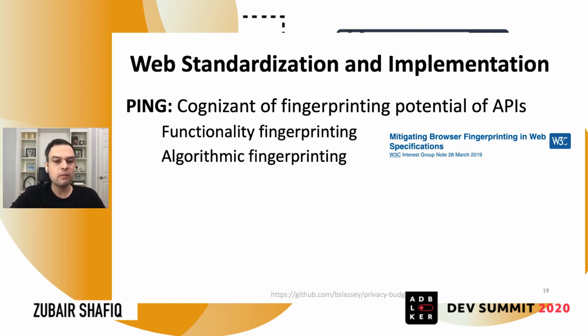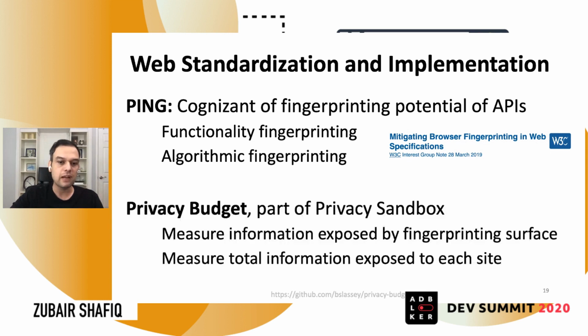And finally, I also want to very briefly talk a little bit about the privacy budget proposal API, which is part of Chromium's privacy sandbox proposal, where I think our research can also really help. Right now, FP Inspector is only trying to detect whether a script is doing fingerprinting or not.